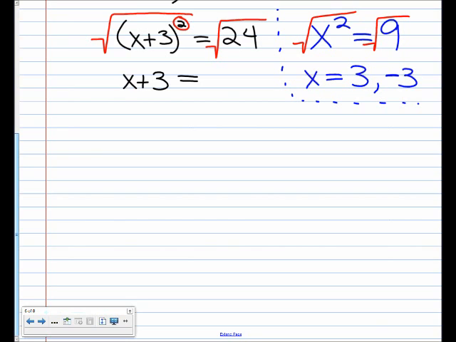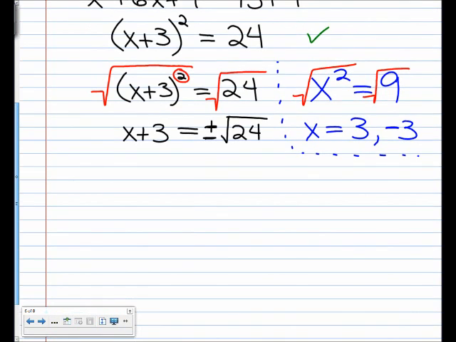Both of those work. So the way that we show this, and again, this will take some time maybe to process, is when I write the square root of 24, I also write in front of it a positive and a negative, saying that I have 2 options, because ultimately, if I were to square that again, I would get 24.